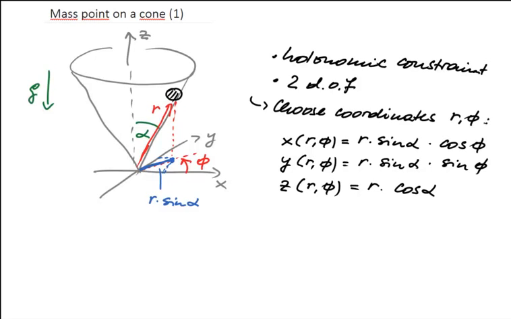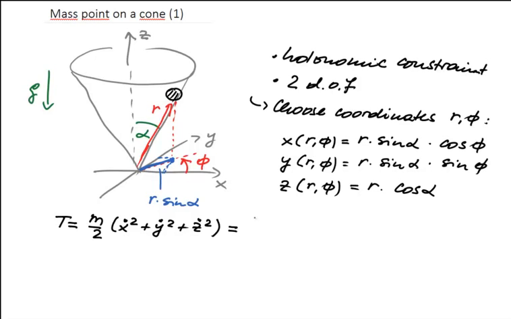we are ready to evaluate the Lagrange function of the system. We start with the kinetic part. Kinetic energy in Cartesian coordinates is given by mass over 2 times velocity squared, and then you use the transformation law to transform that into an expression with r and phi.